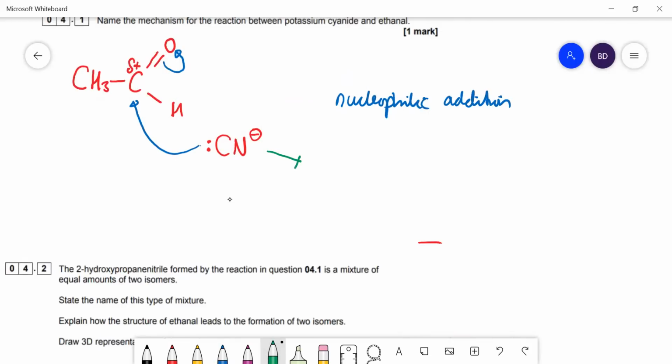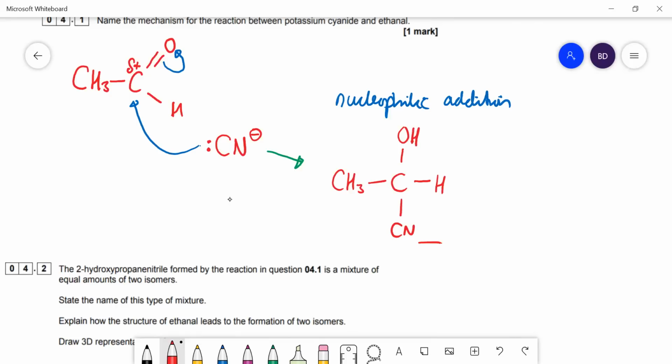Well, if that reacts, the reaction mechanism continues, and you're going to get CH3, CO minus, the cyanide there, a hydrogen there, and the O minus is going to pick up a proton that will eventually become OH.